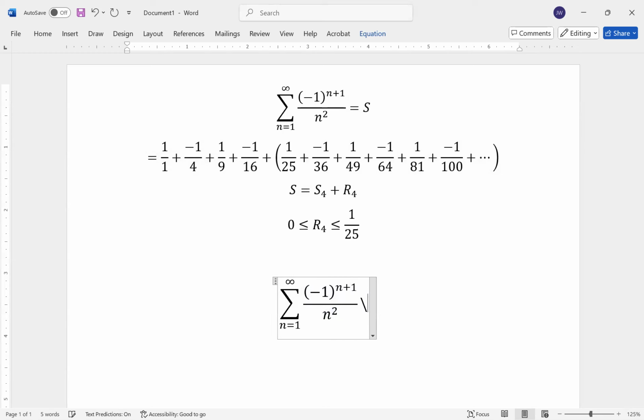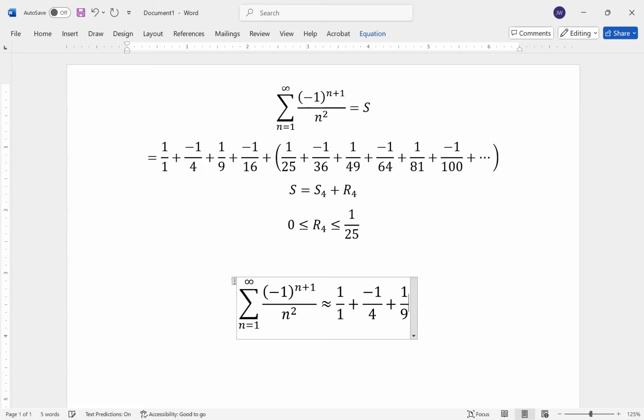So this infinite series, if I'm willing to approximate with 1 over 25 as my error value, is simply going to be the sum of the first four terms.